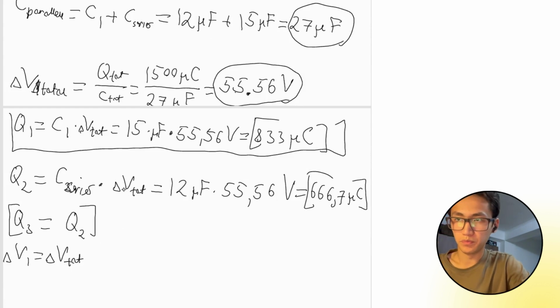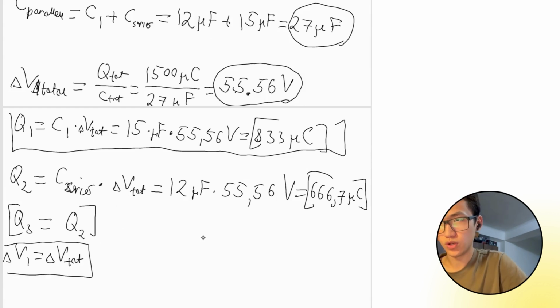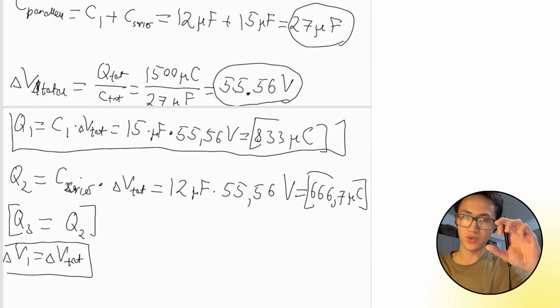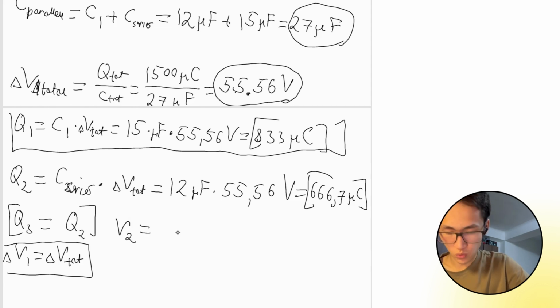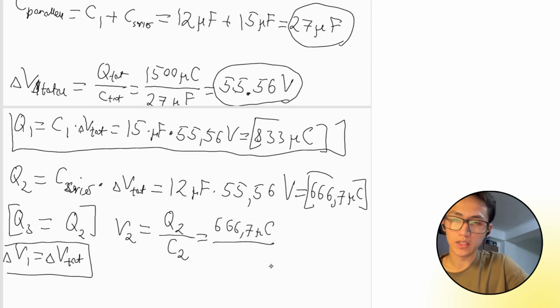Since it's equal to the total, we can find just V2 and V3. When capacitors are connected in series, their charges are the same, but their voltages aren't. So V2 is equal to Q2 over C2.